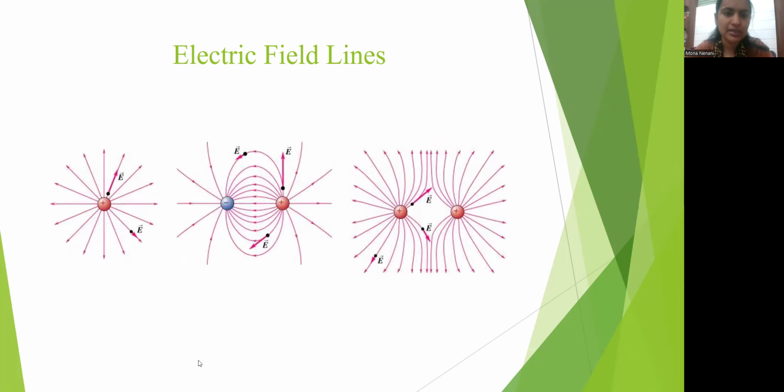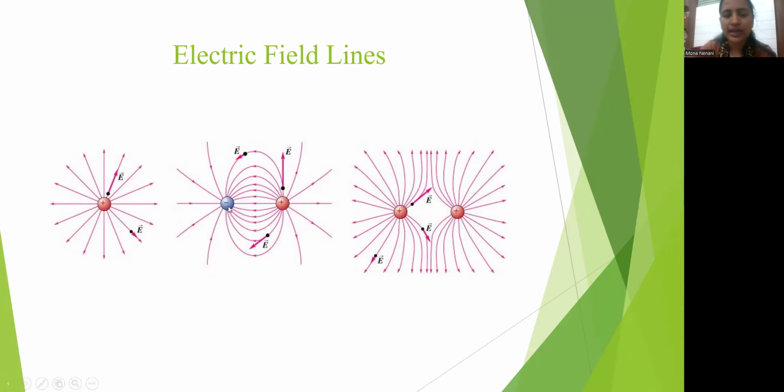These are some examples of how field lines can look. For a positive point charge, the electric field lines are radially outwards. If this positive charge is replaced by a negative charge, these lines will be radially inwards. Okay.